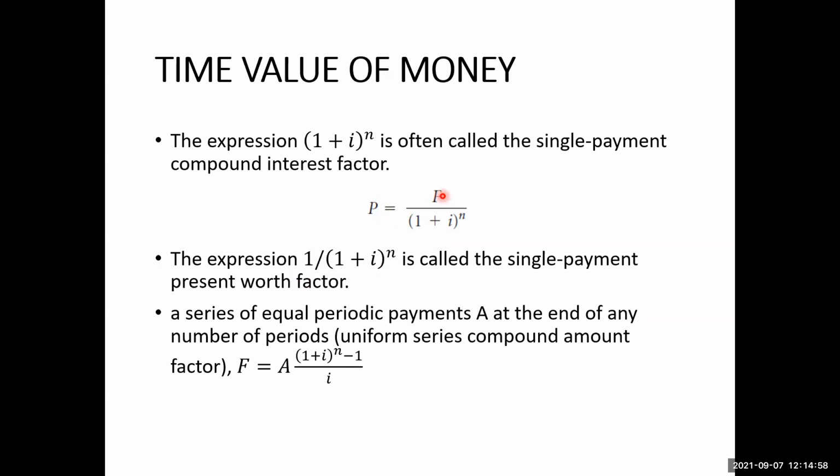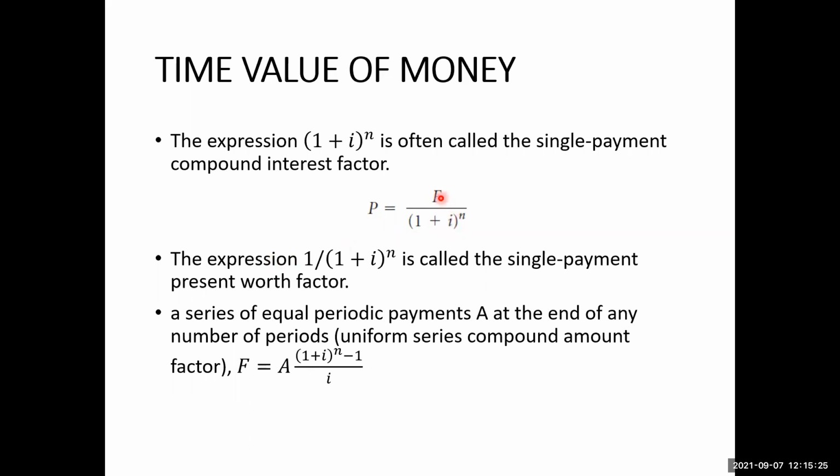In addition to P and F, there are some factors which only depend on the interest rate and the number of periods for which the interest is calculated, or the number of years for which the amount has been borrowed or deposited. n is the number of years, i is the interest rate.